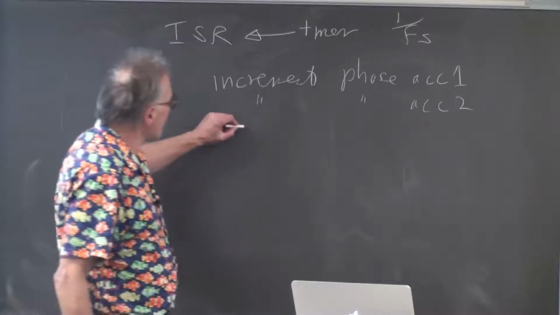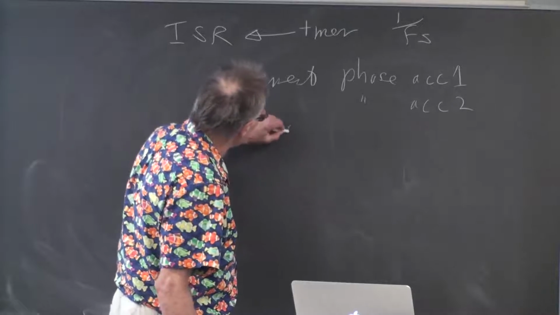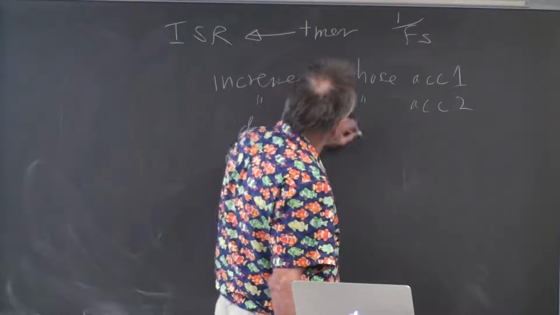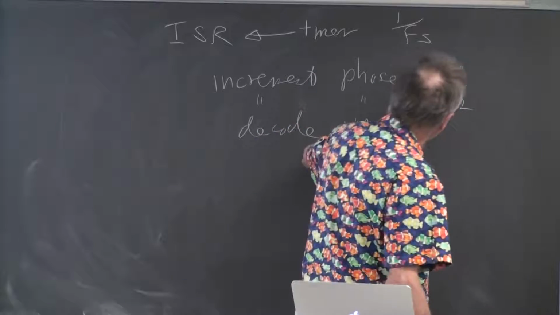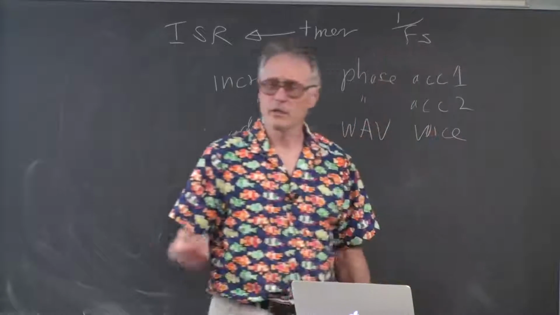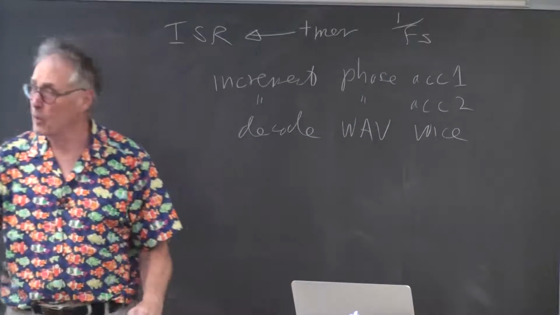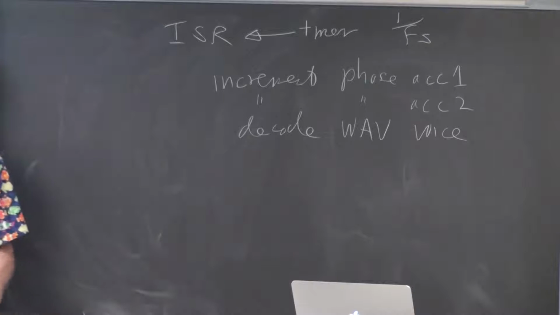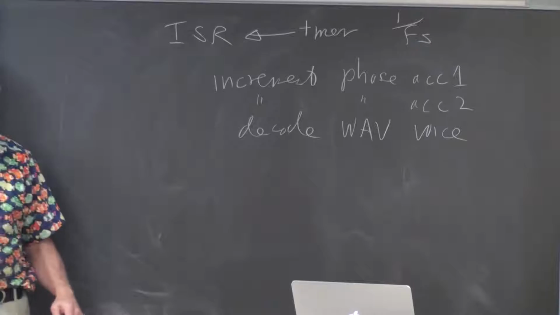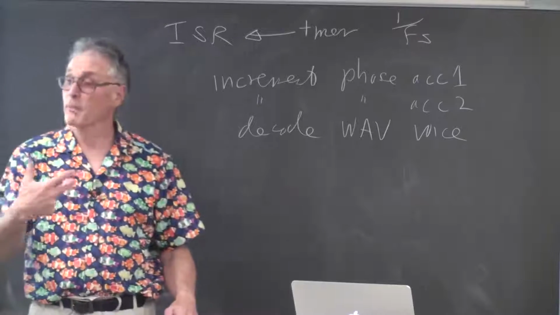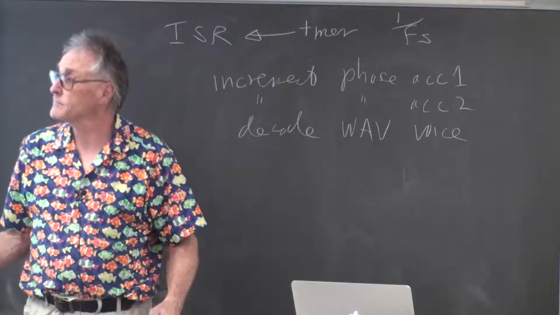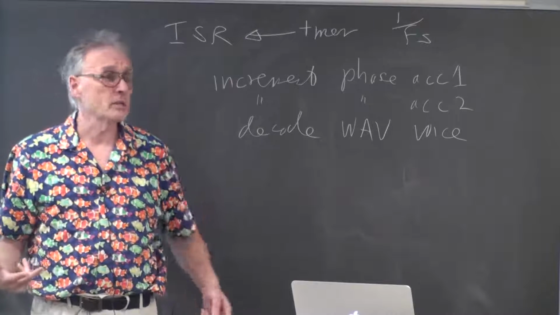Okay, so in that case, we're just going to decode the wave information for voice. In other words, we're going to choose a 4-bit sample from the 8-bit packed binary we'll talk about in a minute. Or you're going to come up with your own scheme for storing. You can store voice in lots of different ways.